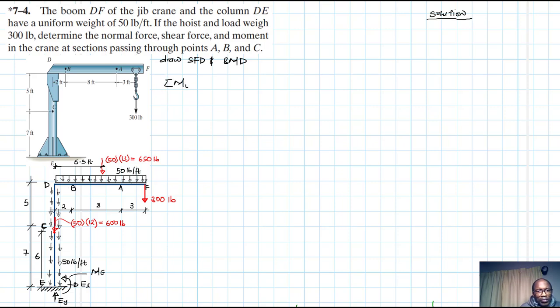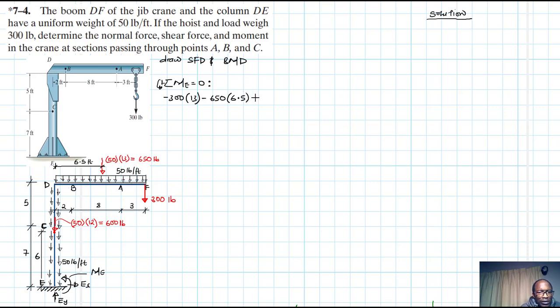Summation of moments about point E equal to 0, anti-clockwise being our reference. What do we have? We have a minus moment due to 300 by the lever arm. What's the lever arm about E? That's 13. And then we have another negative moment, and the lever arm is 6.5.